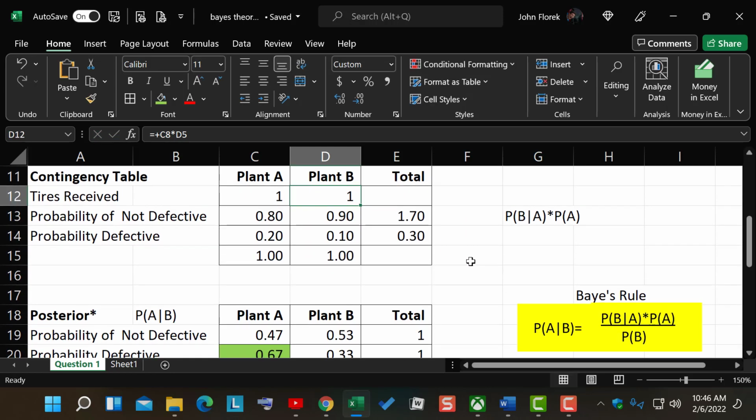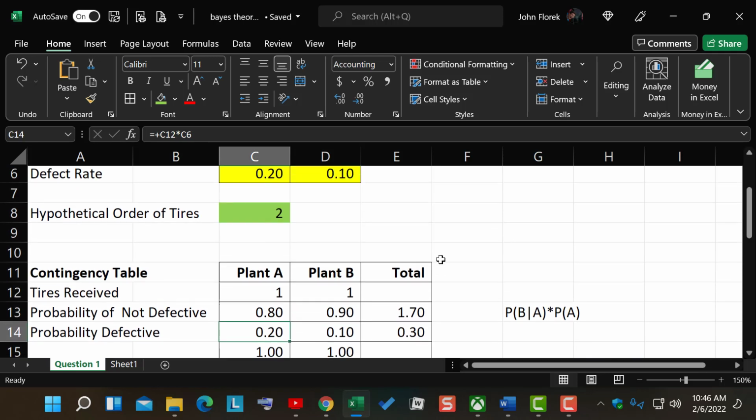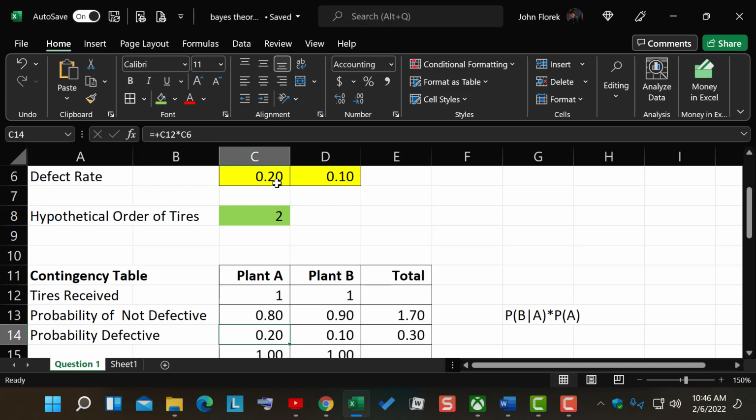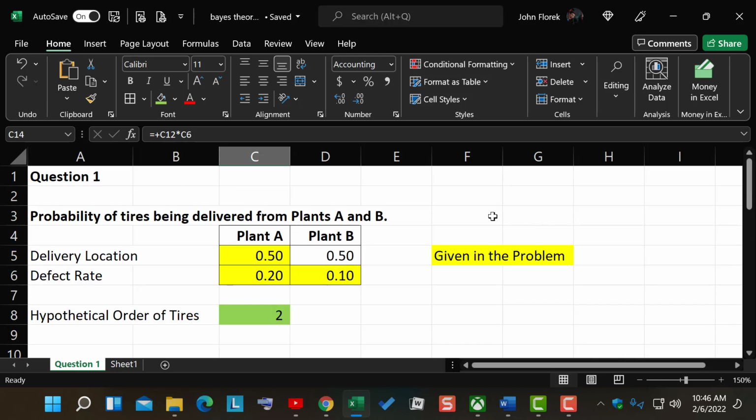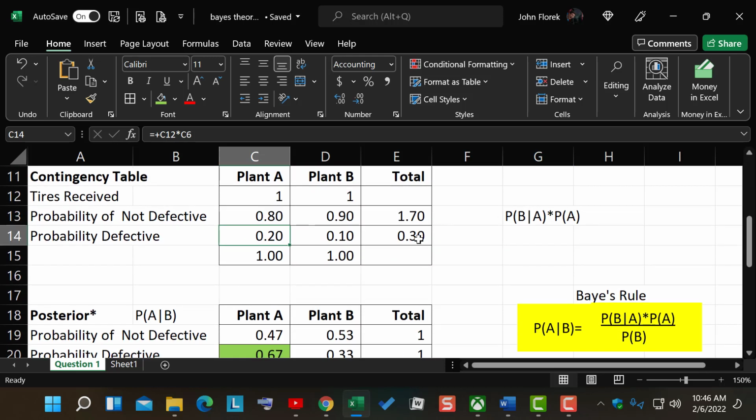And you go through and produce all the probabilities. So the problem you're given, the defect rate for plant A and B, is that, but we're wanting to base it now on the quantity of tires received.